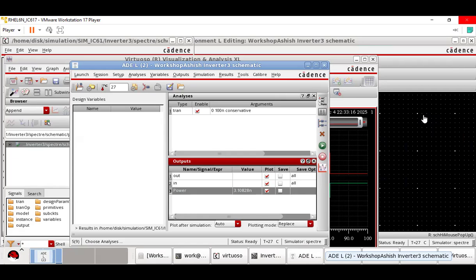Whenever you test your circuit, please test the whole circuit at the same frequency. Don't give some other frequency somewhere and a different frequency elsewhere. This will give you entirely wrong results. Third, you need to make sure that your circuit does not get shorted anywhere, because that will result in very high power consumption, the short circuit power. So these are the points that you must take care of.